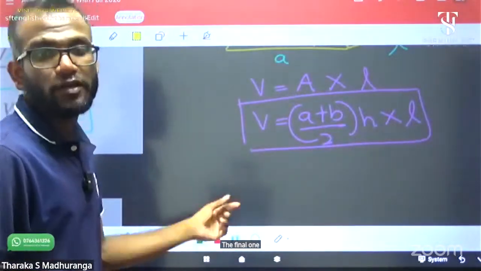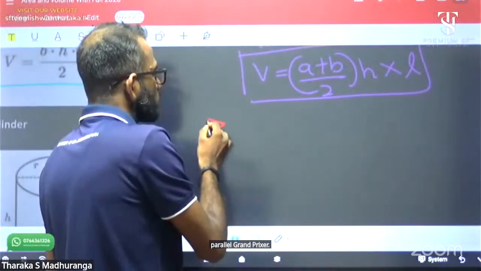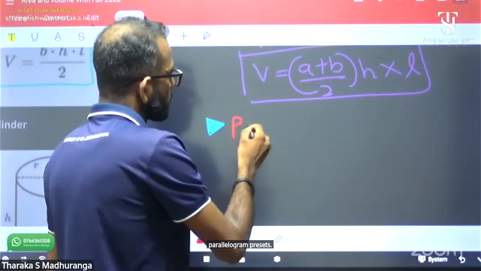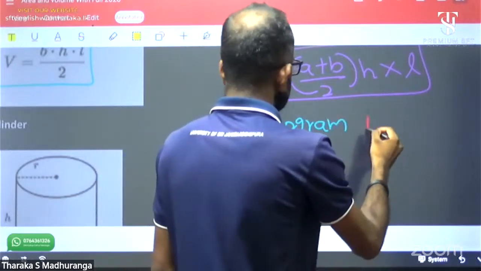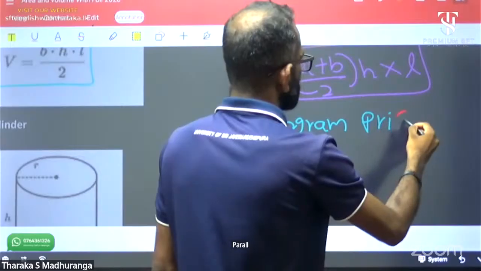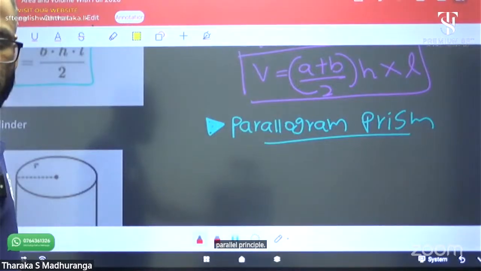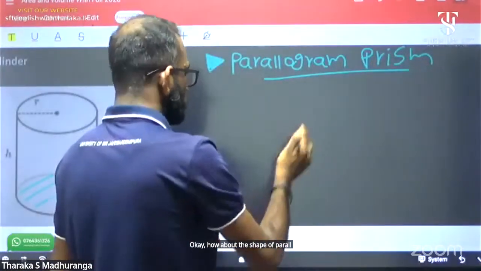The final one, parallelogram prism. Okay, how about the shape of a parallelogram prism?